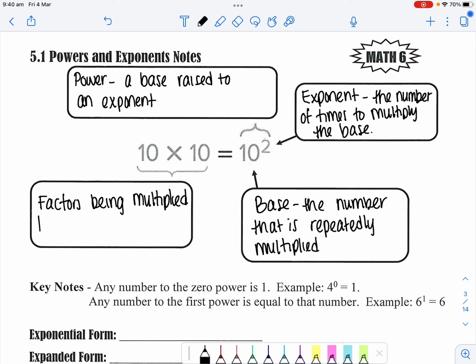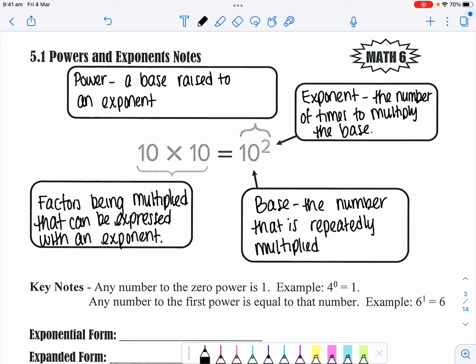That can be expressed with an exponent. Okay, and notice that these two factors are the same number so that they form a base, and then that is raised to an exponent.